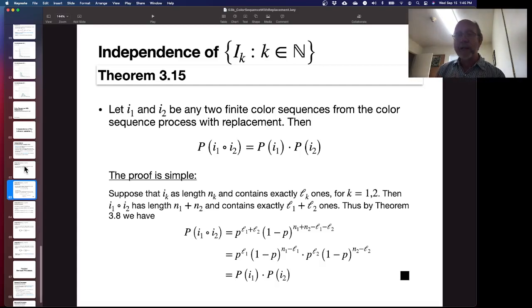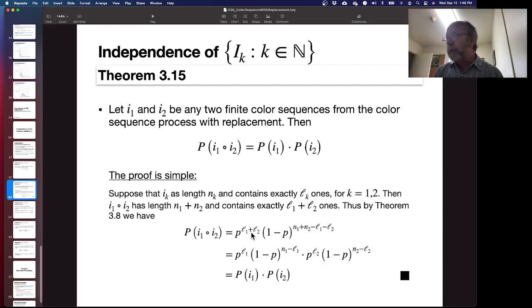It's just the sum of the number of ones in the first sequence and the number of ones in the second sequence. Similarly, the number of zeros in the concatenation is just the number of zeros in the first sequence plus the number of zeros in the second sequence. So the probability of the concatenation is given by this formula here.